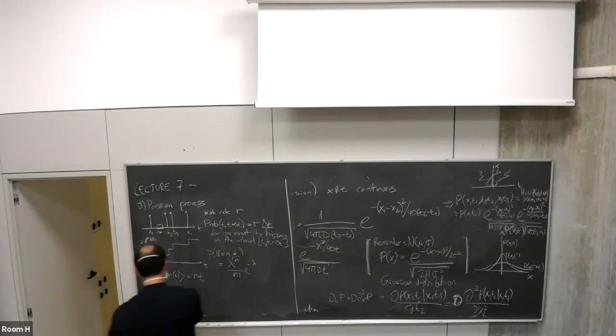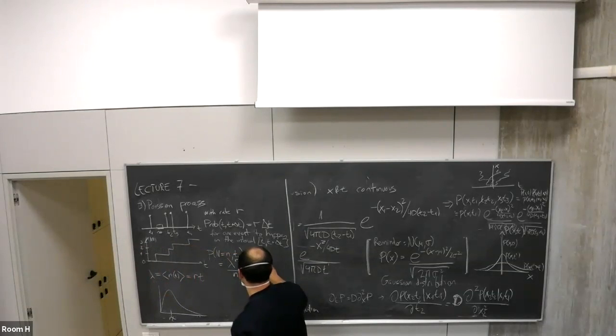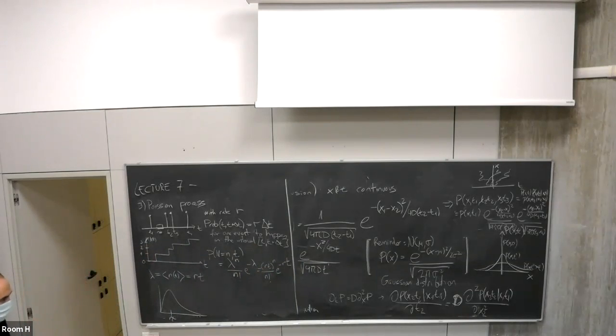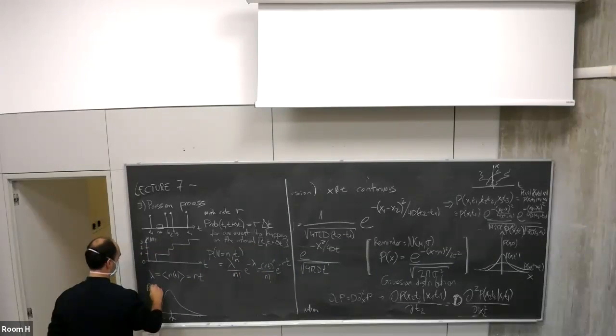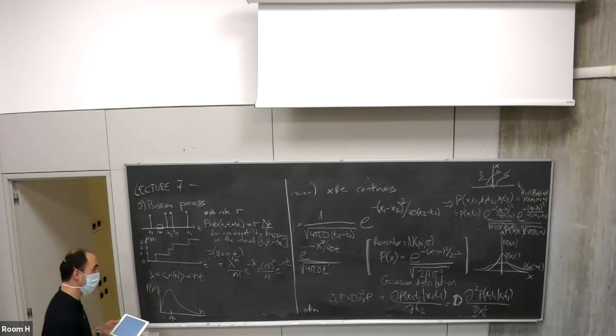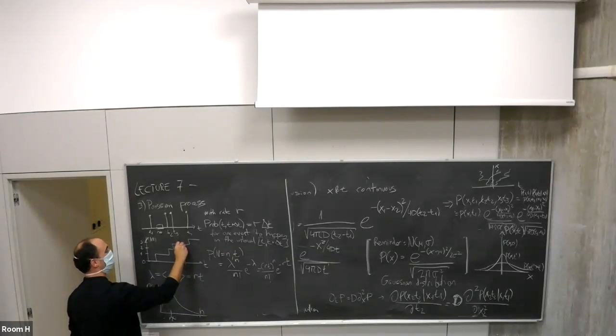And if you replace lambda by RT, you get RT to the power n over n factorial, e to the minus RT. This is the distribution at time t. So this means, at time t, what is the probability that I'm here?